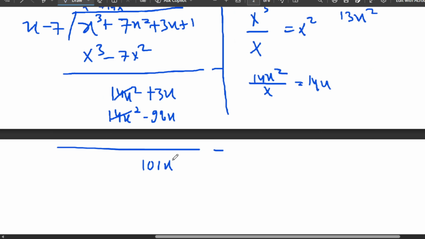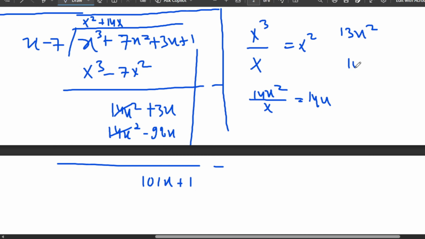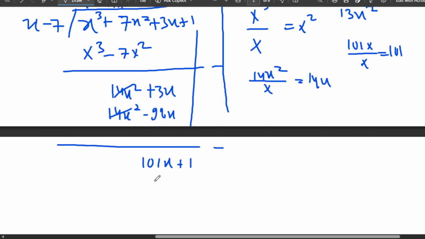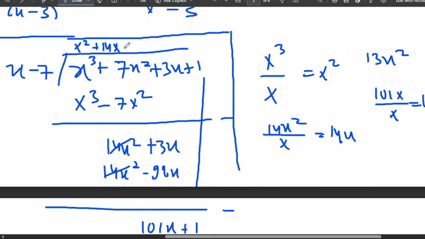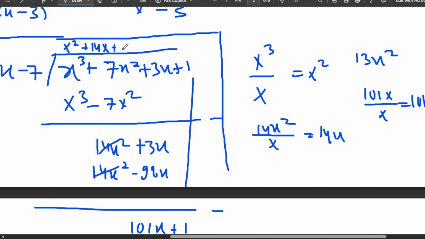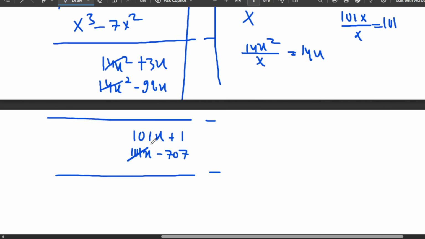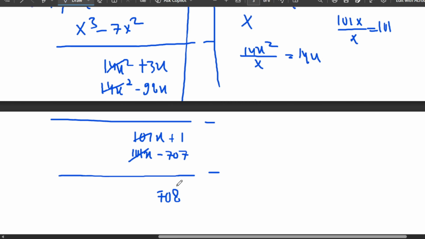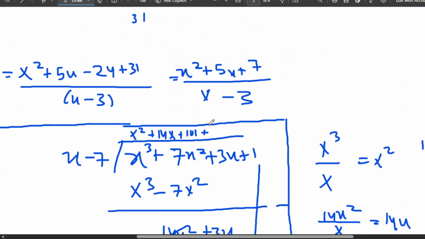Then the 1 goes down, so 101x plus 1. 101x divided by x would be 101, and 101 times x minus 7 is 101x minus 707. So this would be add 101, and then our remainder would be 708, so plus 708 over x minus 7.